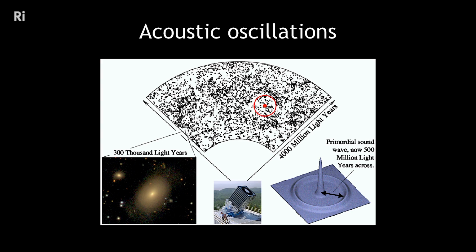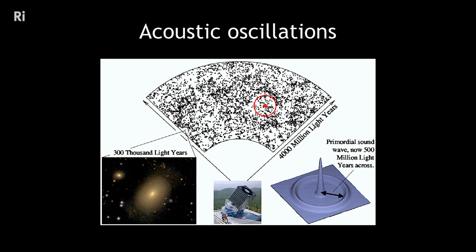Now, I mentioned acoustic waves. If you take a place where there's going to be an extra lump of ordinary matter, it's going to end up making a galaxy. That's like dropping a rock in a pond.